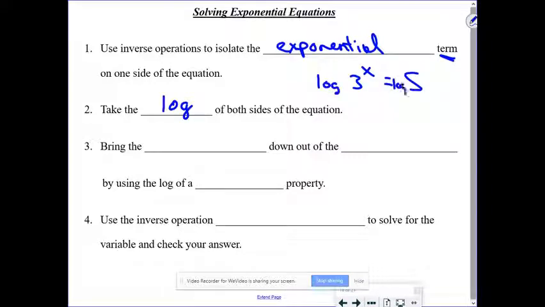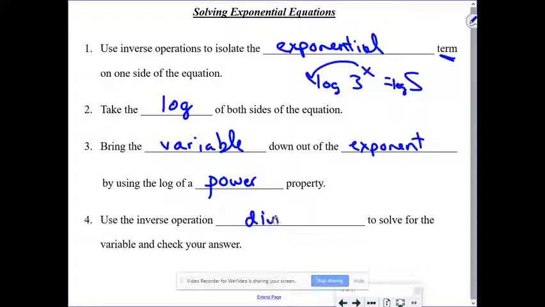After I take the log of both sides, then my next step is to bring the variable, in this case x, down out of the exponent. I can do that because of the power property. And then finally, after I get that down, I'm going to divide by the log of 3 here.